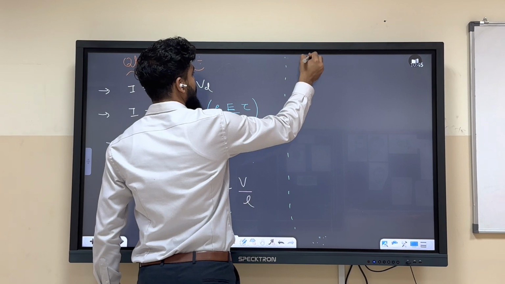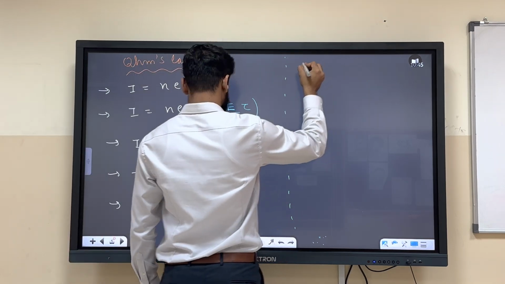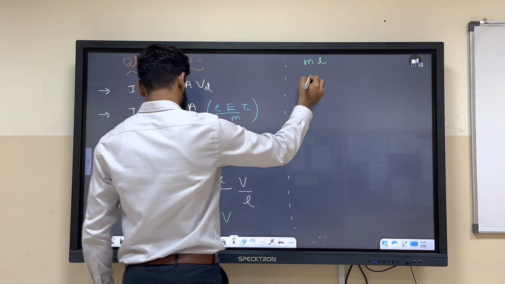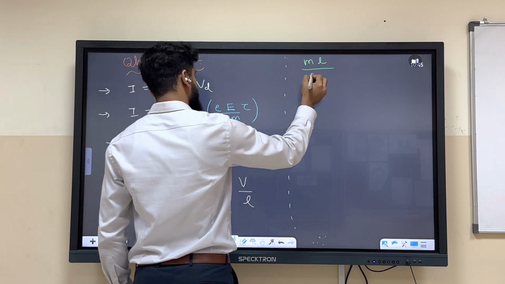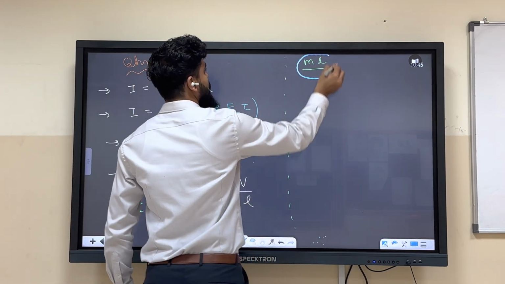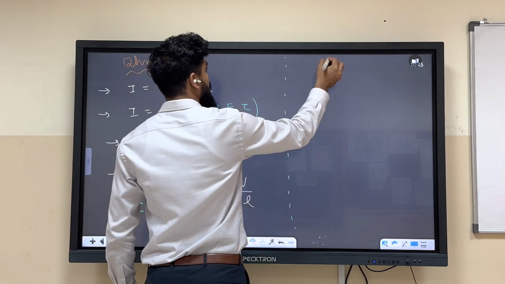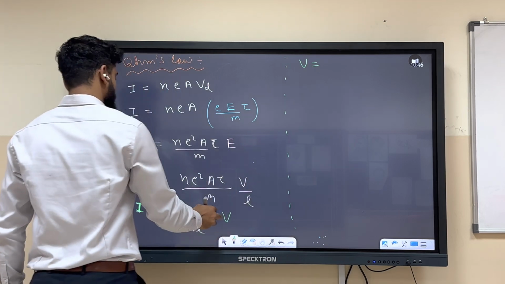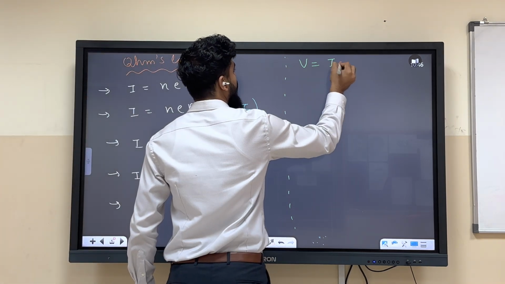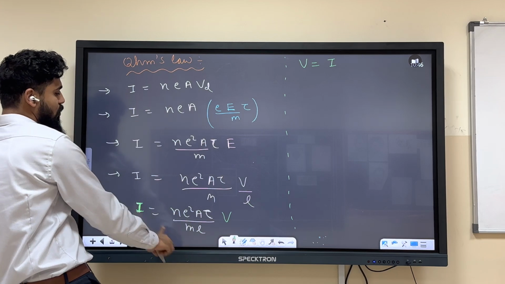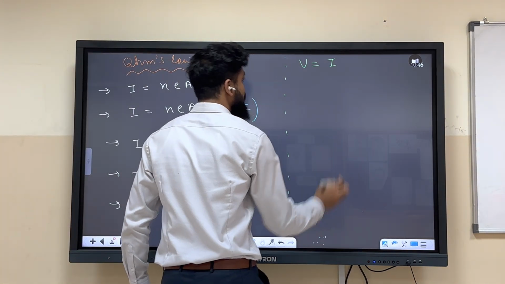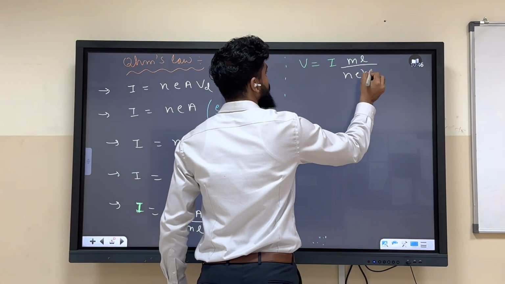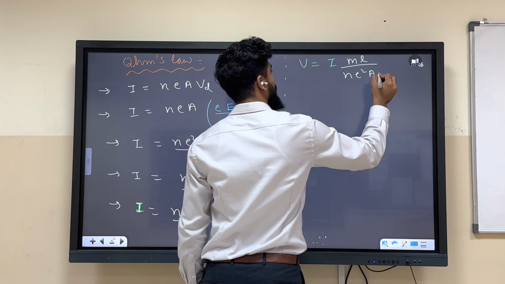So from here we can write, V on one side, easy, V equals I into, when this whole masala goes over there, mL divided by ne square A tau.